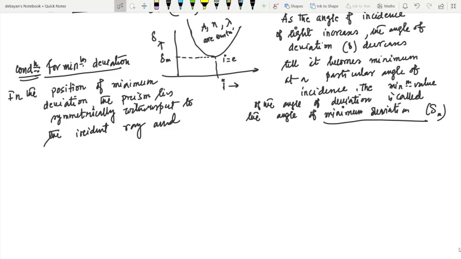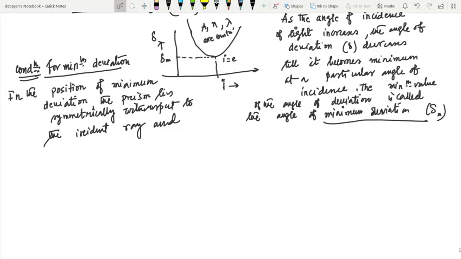And after refraction, it will go like that, and this is the angle of emergence. This angle is the deviation, and this angle is delta 1, this angle is delta 2, this angle is r1.